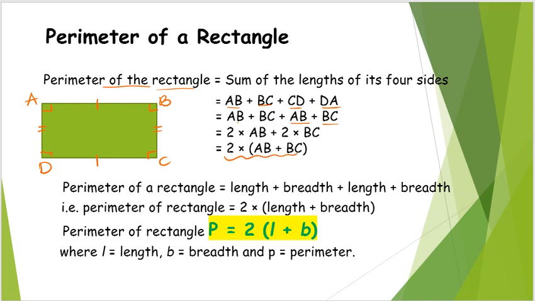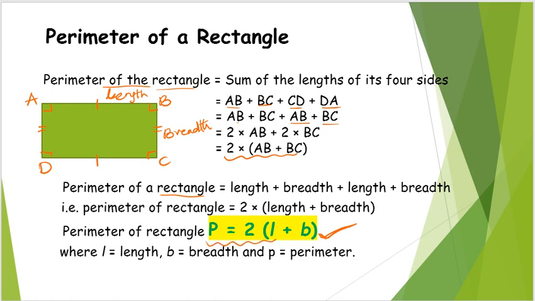In general, the side which has the longer length is what we call the length, right? And the shorter side we call the breadth. So in general, if I want to write the perimeter of a rectangle, I can write perimeter is equal to 2 times (length plus breadth).